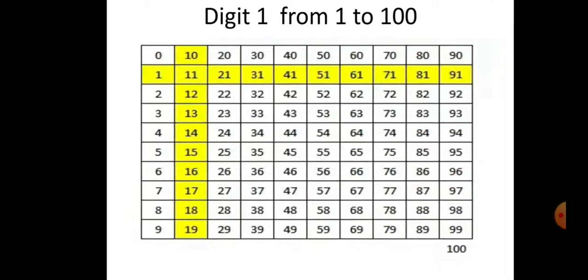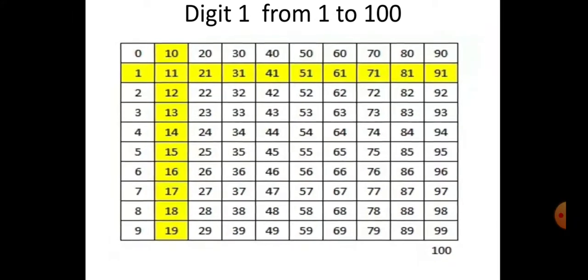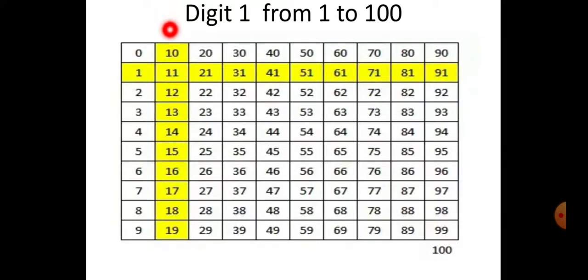If we see the numbers from 0 to 100 in this table, and look at the digit 1, we have especially this column and this row. In this column and this row, we find the digit 1; it is only present in these two lines.